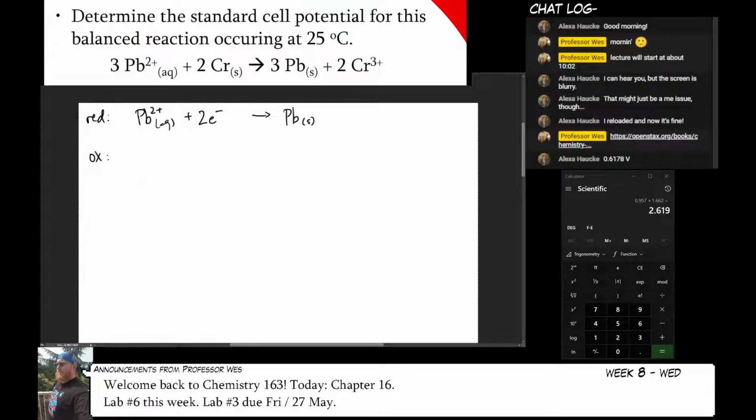We got chromium here. Chromium is being oxidized to that. And now I've got to balance everything. So this becomes 3. This becomes 6. 3. And then 2, 2, 6.